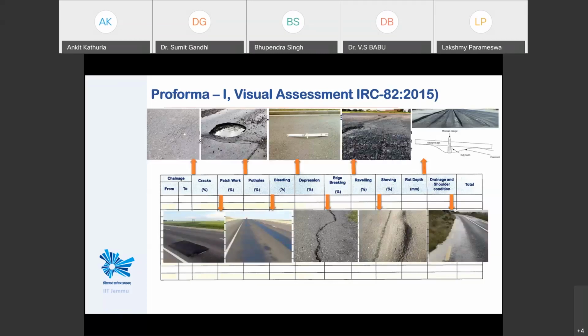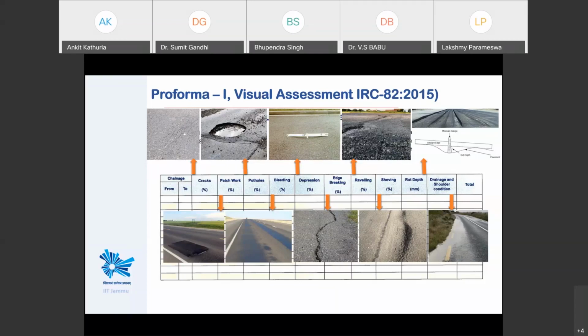You can see how cracks can be in the form of crocodile cracking or longitudinal cracking, how patchwork looks, how potholes look, how bleeding looks. Bleeding, you can see, is usually on the path of the wheel, because where the wheel moves, the bleeding happens, as shown in the picture. Depressions are definitely different from rutting.